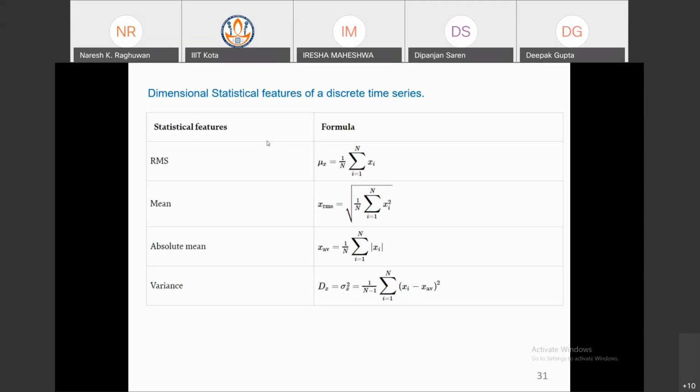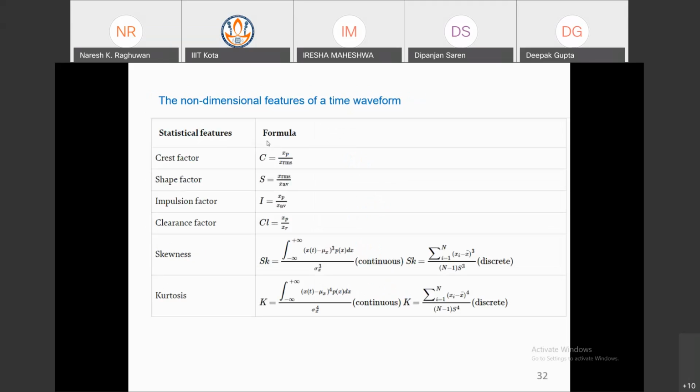For whatever gear fault or bearing fault there is, if you have a signal, you can measure statistical parameters with the help of these parameters, the non-dimensional features, and also the crest factor, the same as in the previous slide.